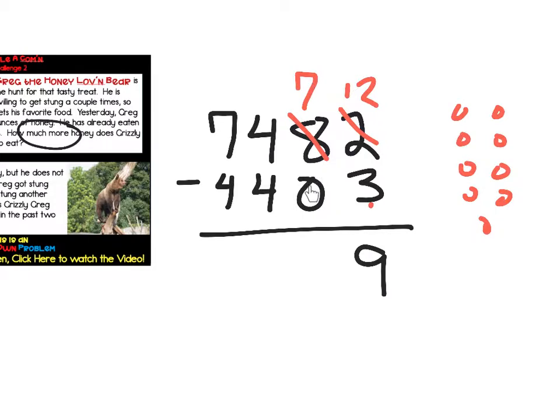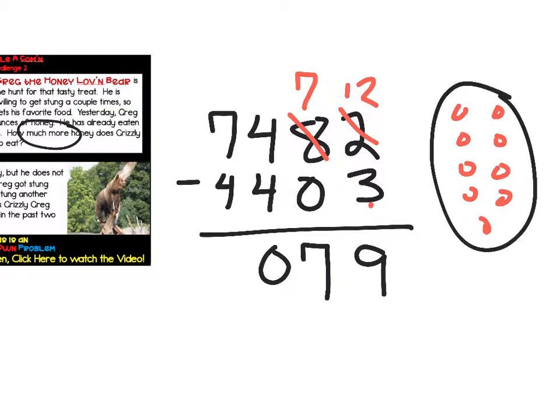7 minus 0, well, that's easy. It's just 7, right? You could count from 0 up to 7, but I'm not going to do that because everyone knows 7 minus nothing is 7, right? 4 minus 4, well, that's going to give you a 0, right? And that's pretty simple, so we don't need to use the dot method for that. And then this one, we're going to count from the 4 up to 7. I got to circle those so I know I've used them already.